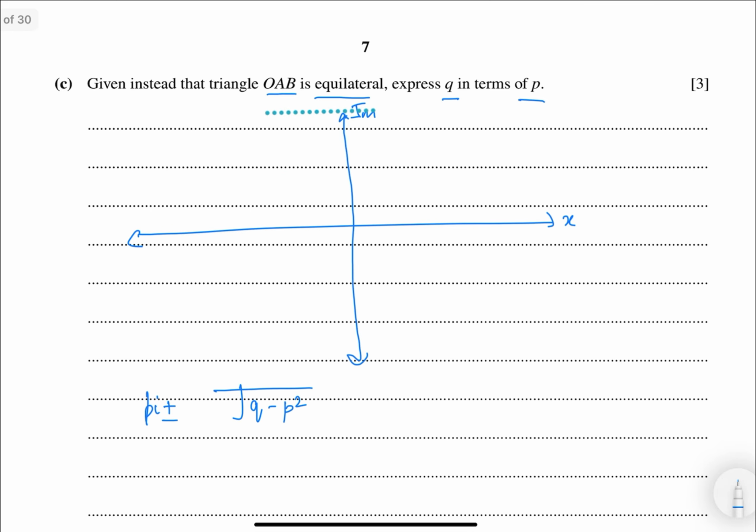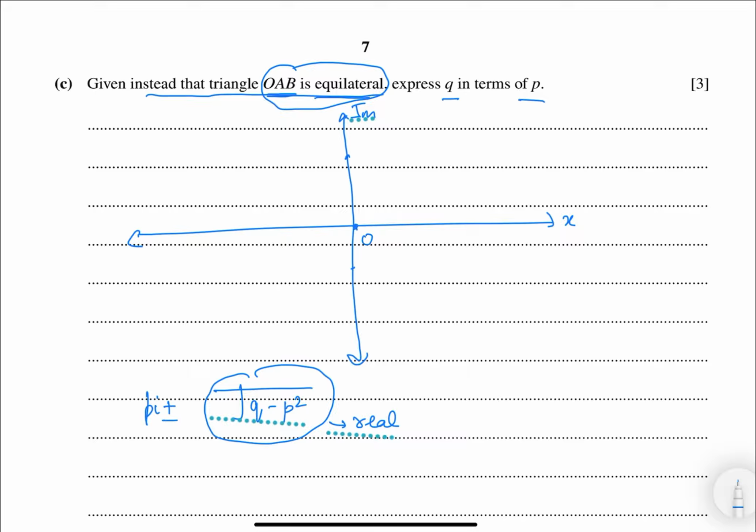Now they are saying given that triangle OAB is equilateral. Now think about it. If OAB is forming a triangle, that means that this part would be real now. Yes or no? Then only it will form a triangle. If both points A and B are on the imaginary axis, then it will not form a triangle, right?